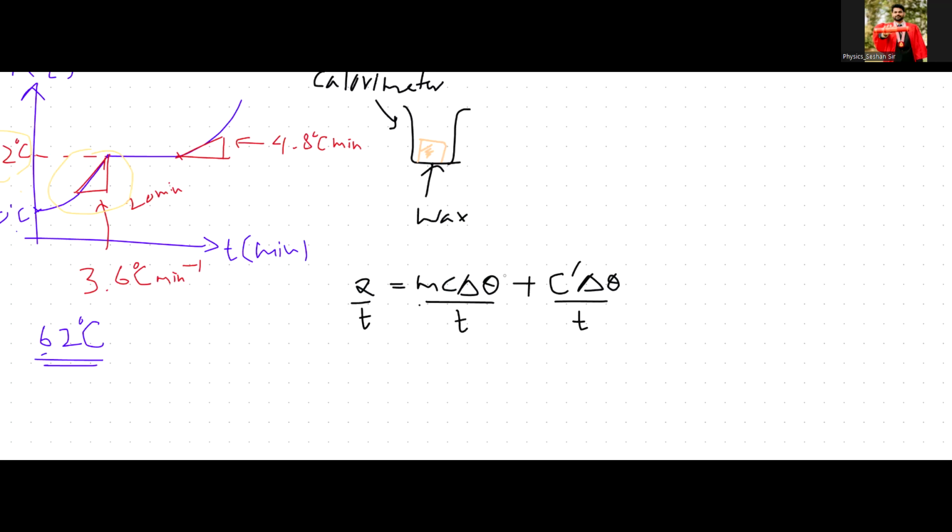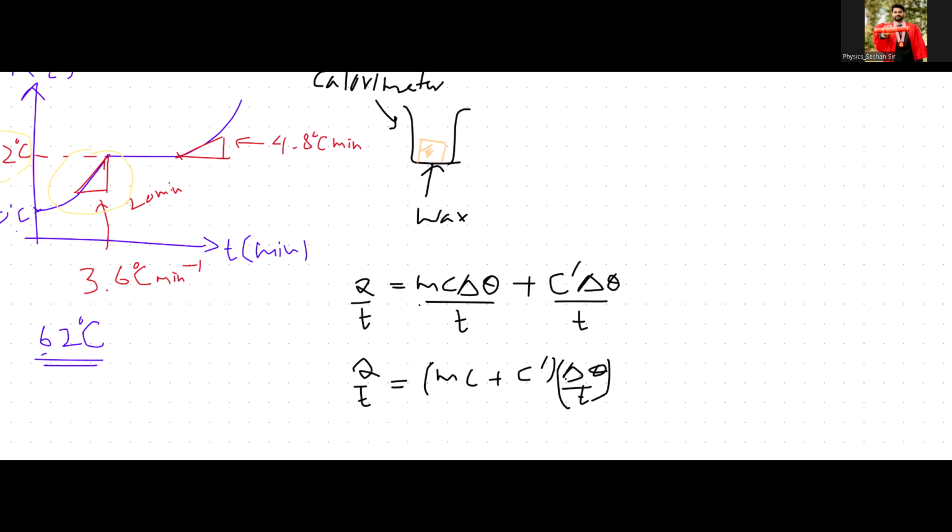So on the left hand side we have Q over t, which is equal to mc plus C dash, and I am taking that delta theta over t out. Delta theta over t is equal to what?